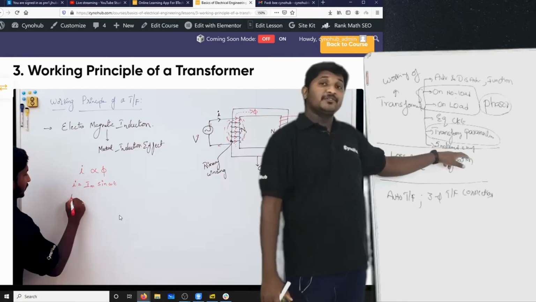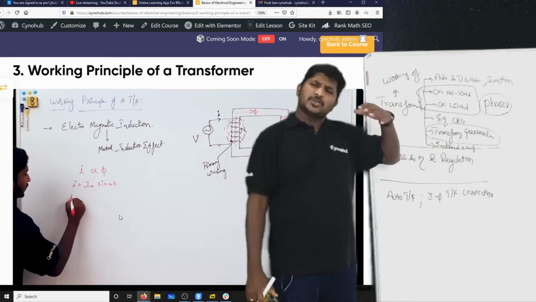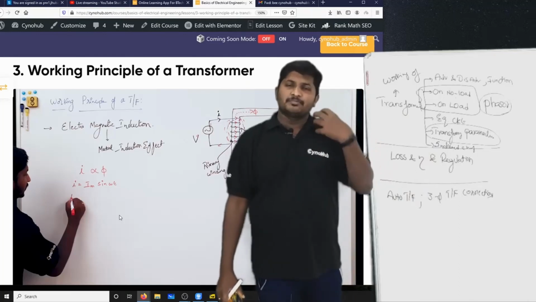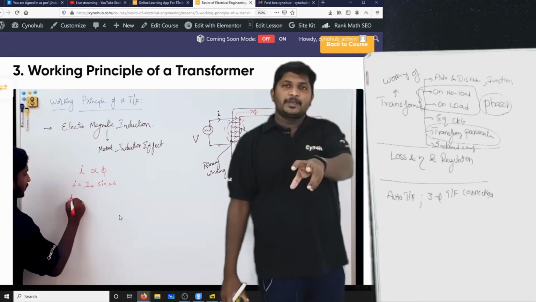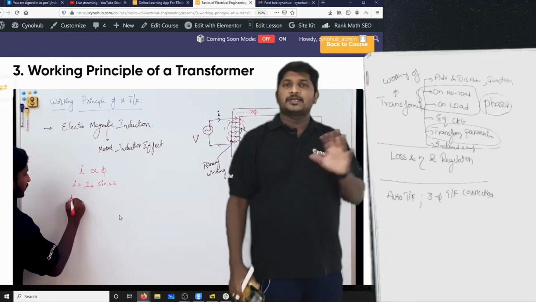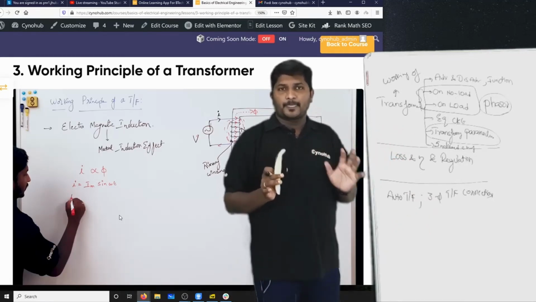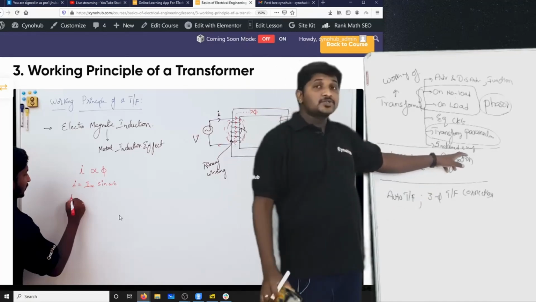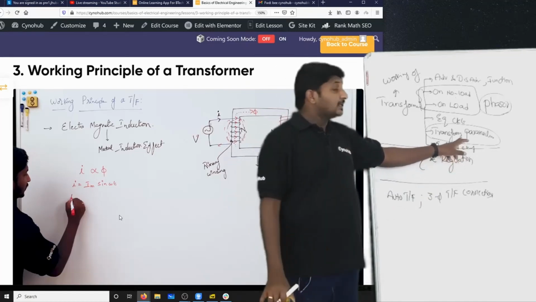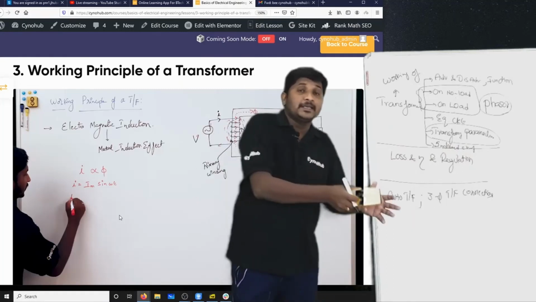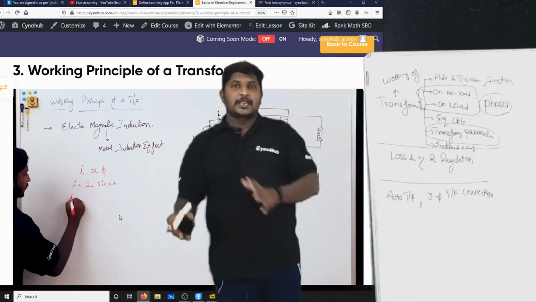Based on the EMF formula, they will give some parameters, you have to find those parameters and substitute in the formula, and you will get the answer. Very easy numericals. Another numerical is based on transferring of parameters, that is referred to primary or referred to secondary.